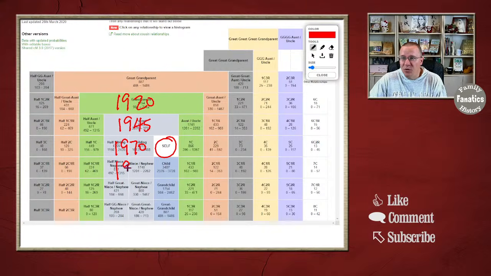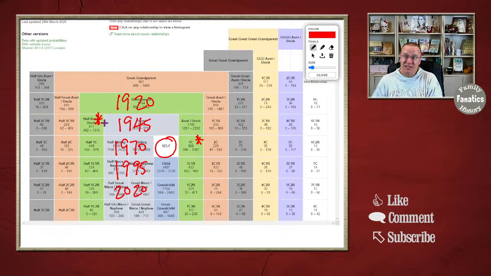And by the same token, we can also add years. 1995. And we don't have to get too far before we run out of possibilities because those times haven't happened yet. So these years sort of represent the rough generation when these people might have been born. So we have somebody who's wondering, hey, am I the half aunt or am I the first cousin?